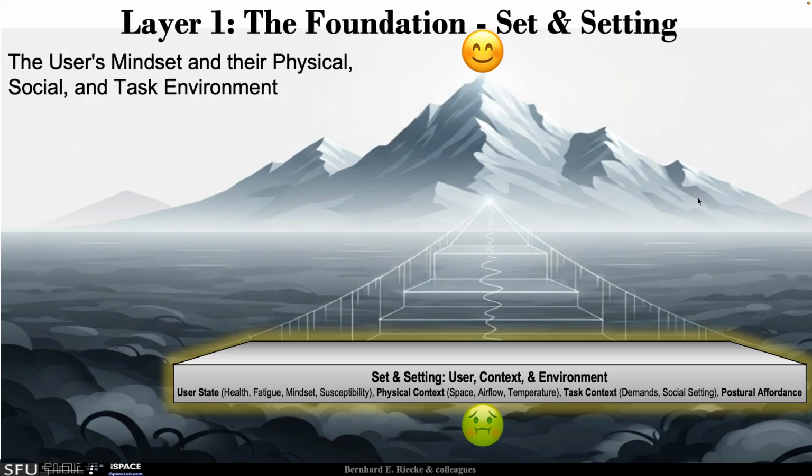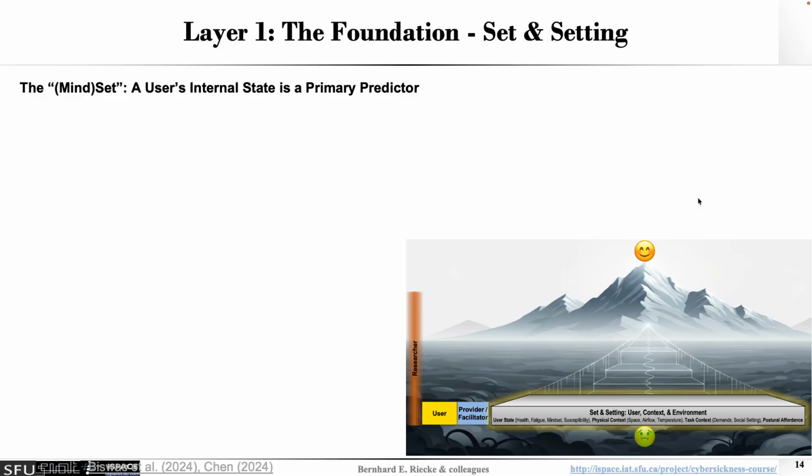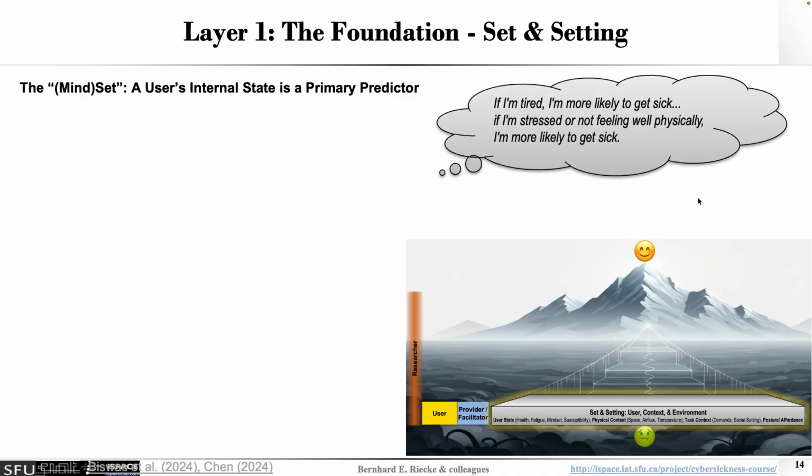So, layer one, that's really the foundation, the set and setting. This is really the user's mindset and the physical, social, and task environment. So, just to give some examples here, it's really about the internal state as one of the primary predictors. So, one user literally mentioned, if I'm tired, I'm more likely to get sick. If I'm stressed, not feeling well physically, I'm more likely to get sick.